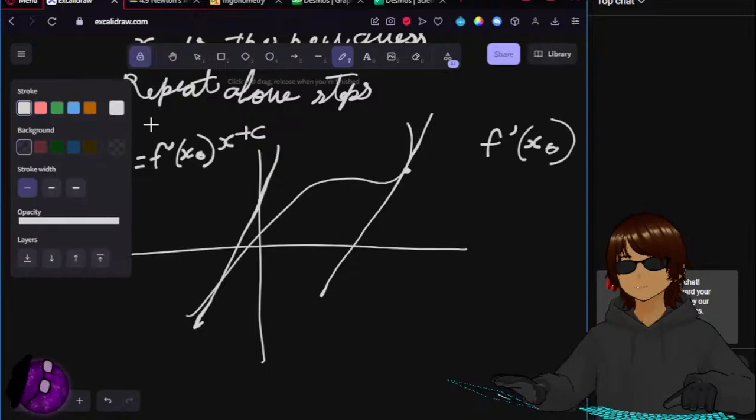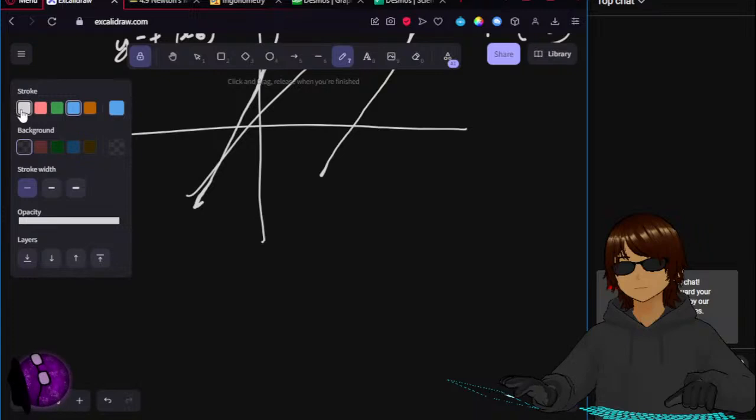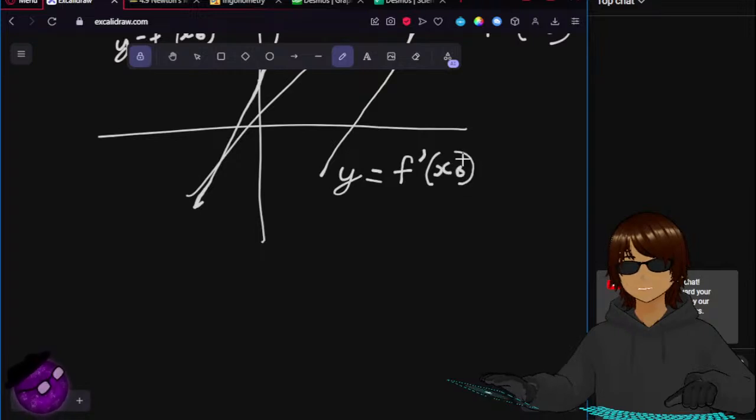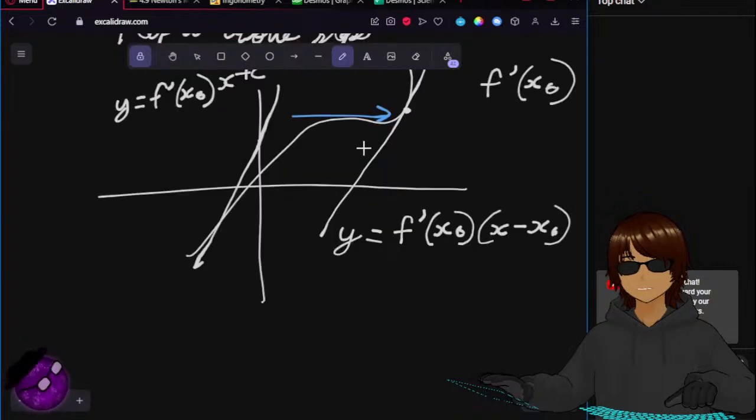We shift this line, so now it's y = f'(x0)(x - x0) + f(x0). Now it's shifted, so it's x minus x0.